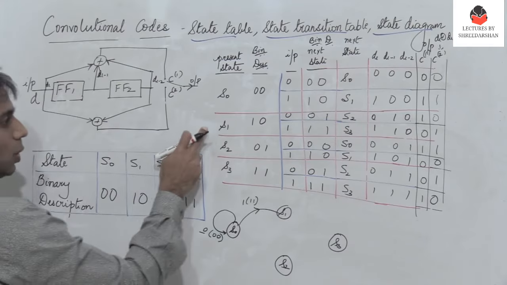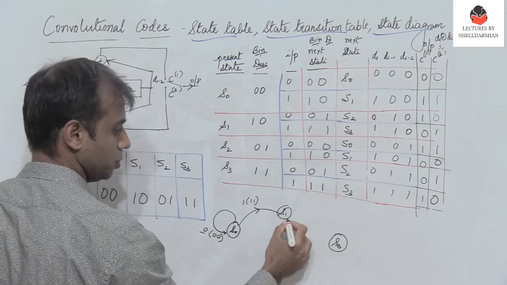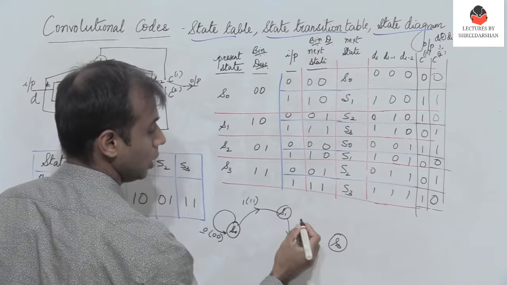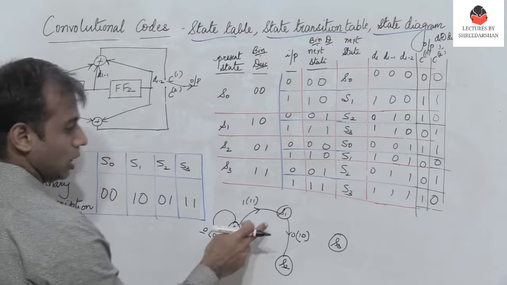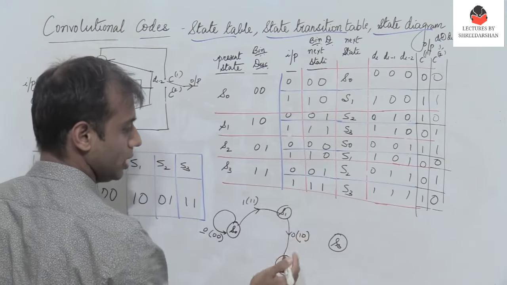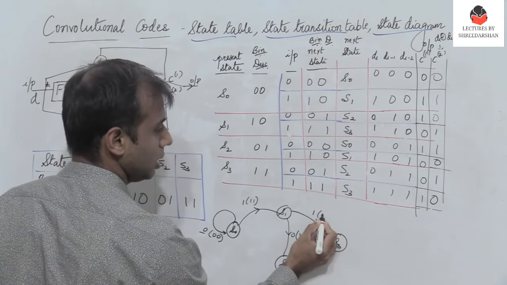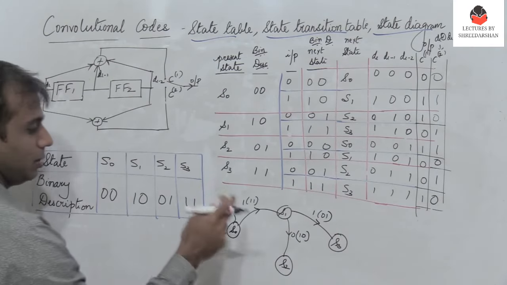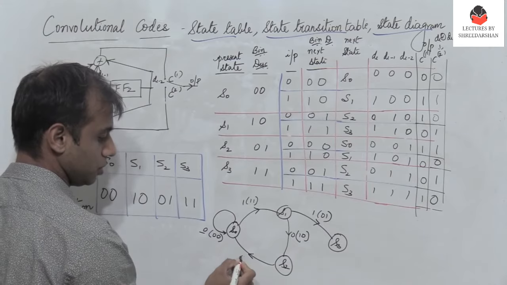Next, if I am in S1 and input is 0, I come to S2 with an output 1, 0. If I am in S1 and the input is 1, I go to S3. But what is the output? It is nothing but 0, 1. Next, if I am in S2 and the input is 0, I come back to S0.